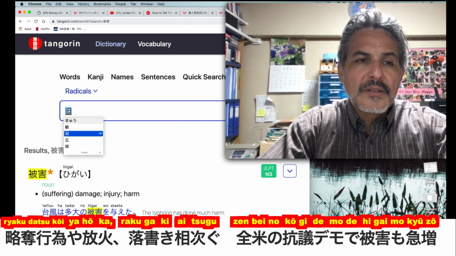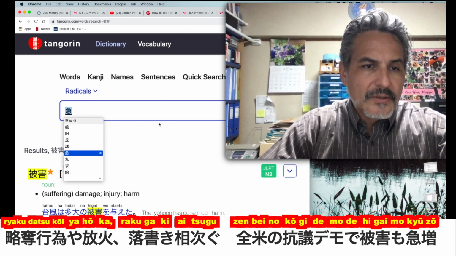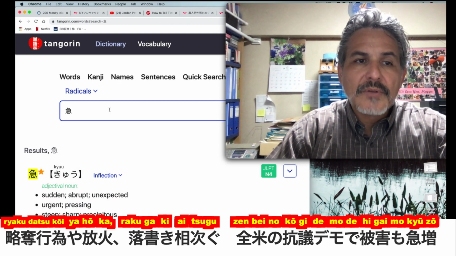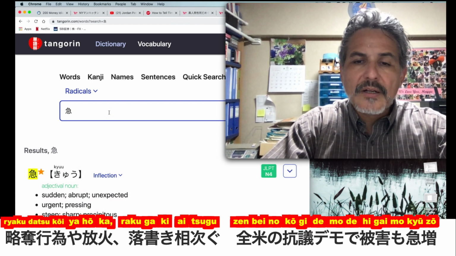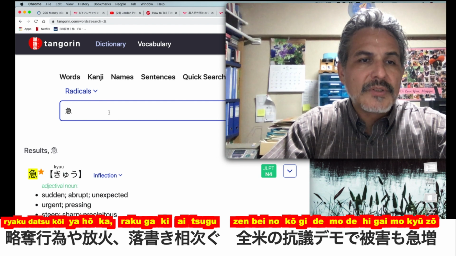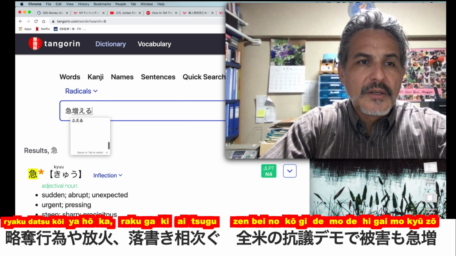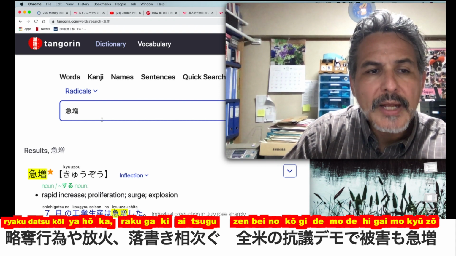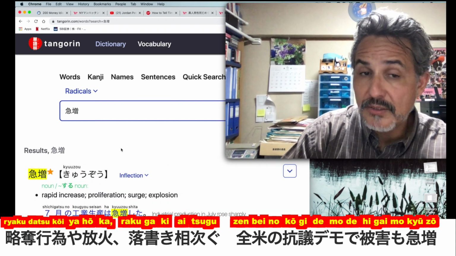This kyu means sudden, right? And then it says fueru, I believe, was the other kanji. I would say it's probably kyuuso or kyuuzou, and it's kyuuzou. Rapid increase. There we go.